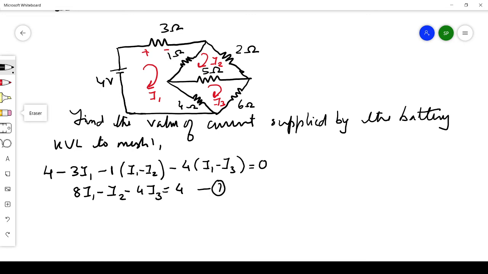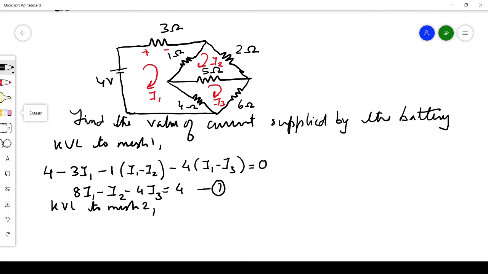Now apply KVL to mesh 2. Mesh 2 consists of 1 ohm, 2 ohm and 5 ohm resistors.